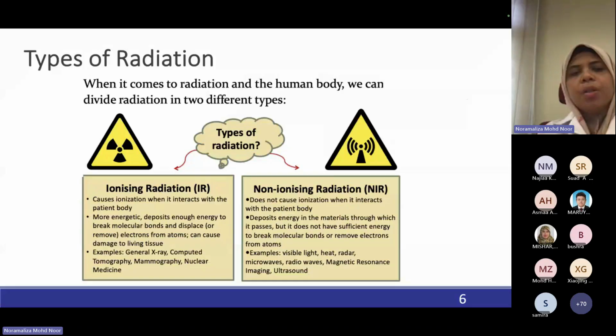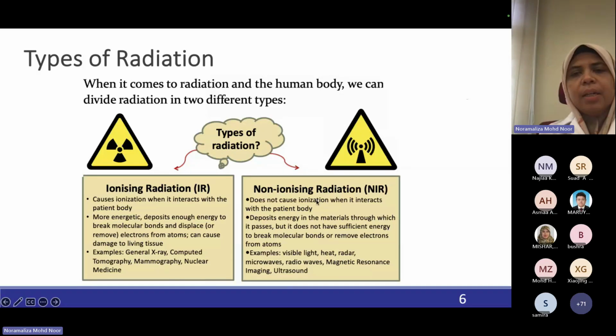It is capable of breaking molecular bonds and displacing or removing electrons from the atom, which can cause damage to living tissue. In medicine, general X-ray, computed tomography, mammography, and nuclear medicine use ionizing radiation.